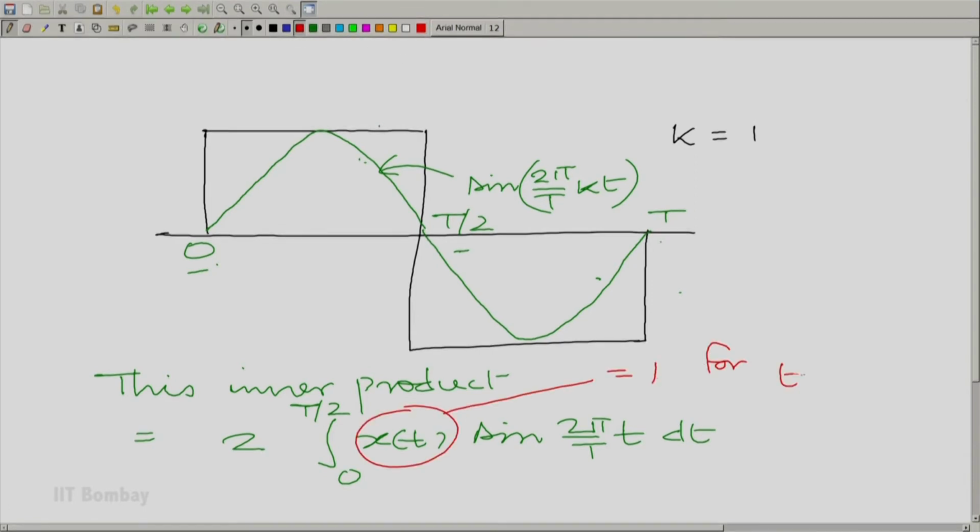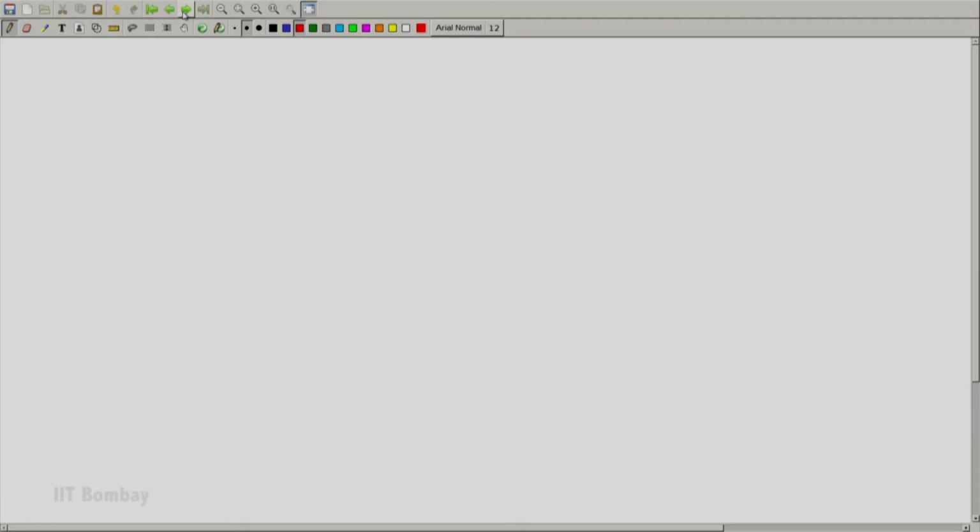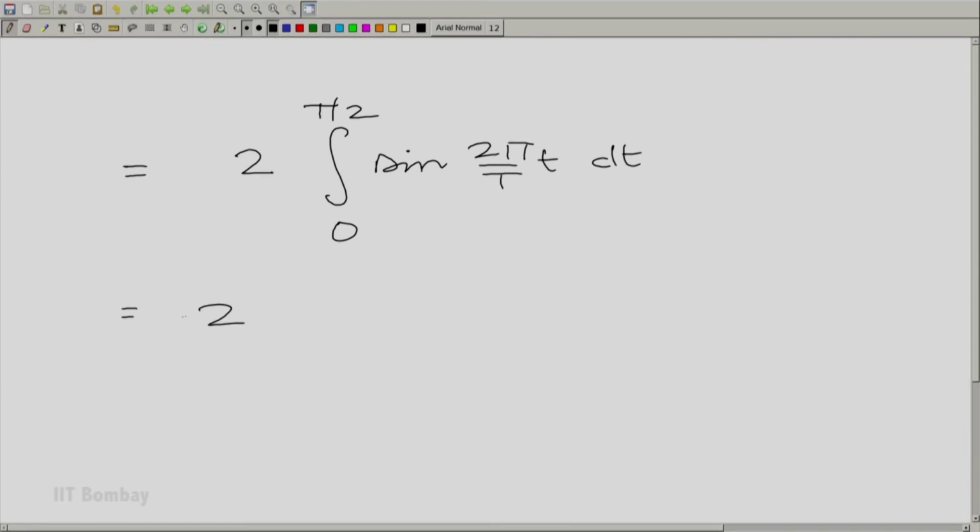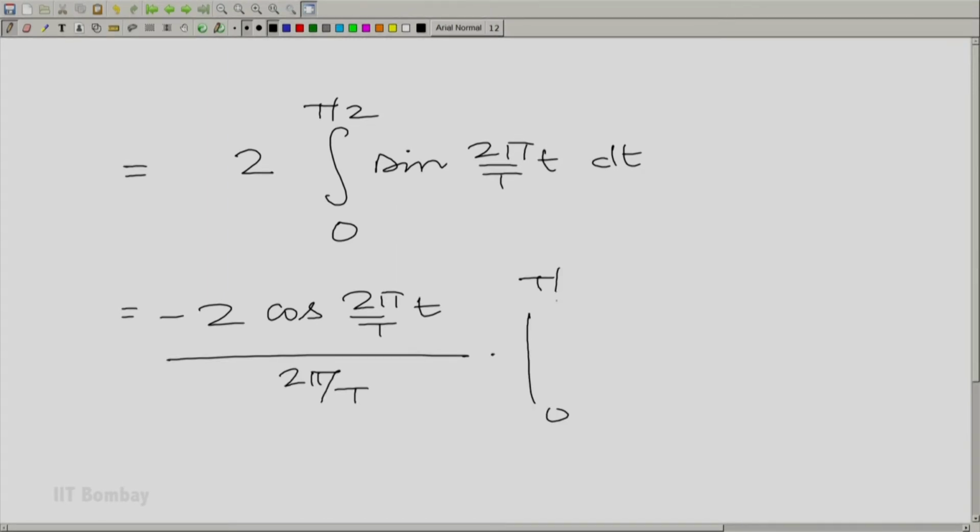So, what do we have here? Very simple. We have 2 times the integral from 0 to T by 2 of sine 2 pi by T t dt, and that is minus evaluated. So, minus 2 cos 2 pi by T small t divided by 2 pi by T, evaluated from 0 to T by 2.